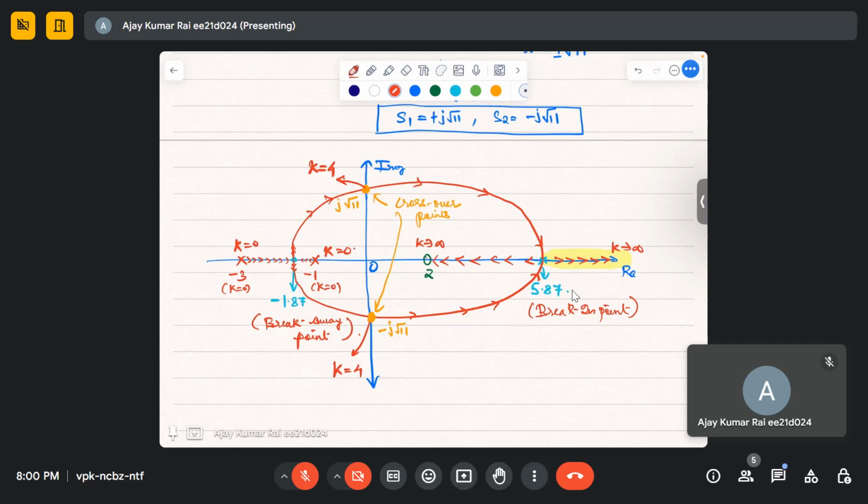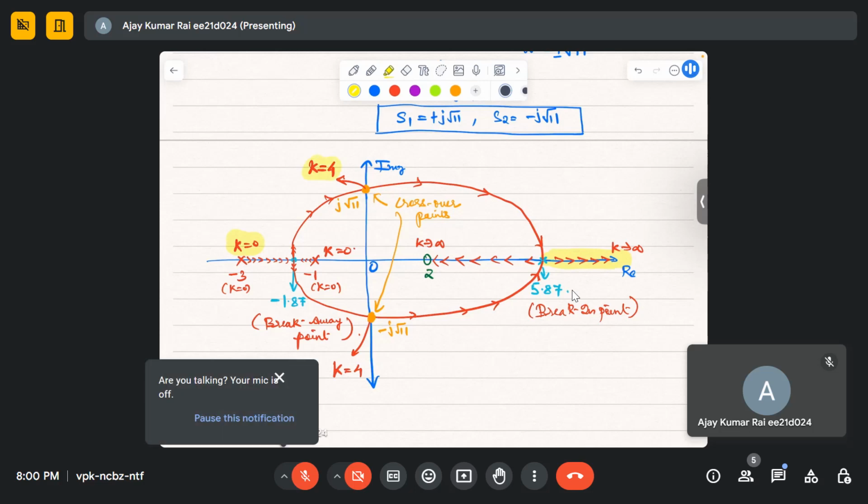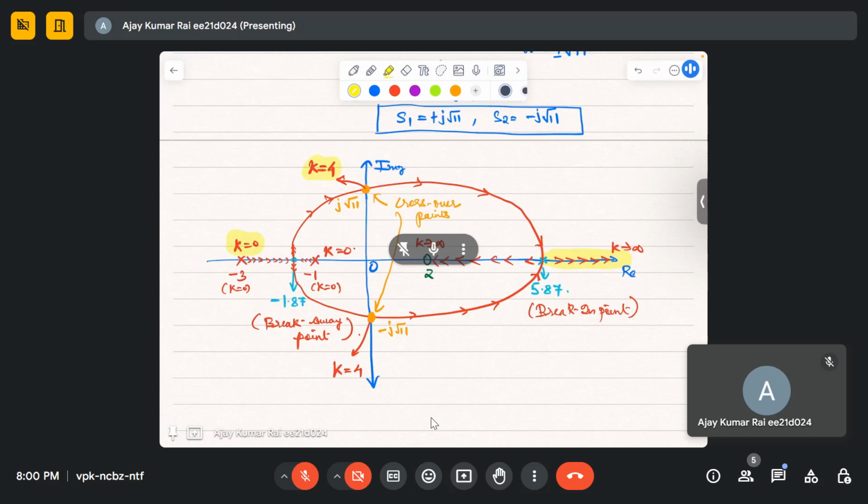You can see these points. As you are increasing k, the root locus is moving from left to right. So the system is stable when k is less than 4, right?